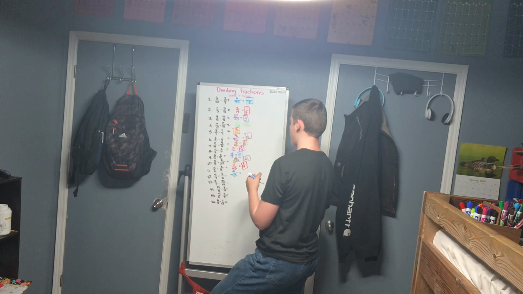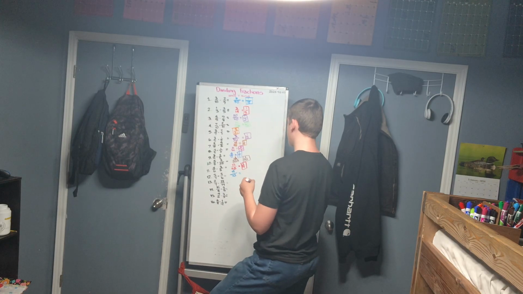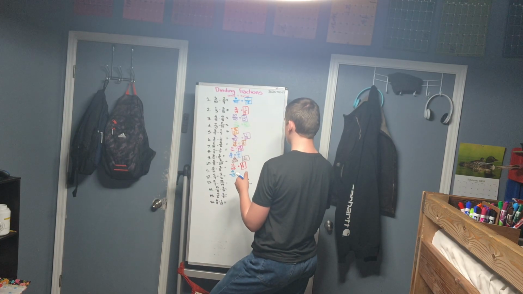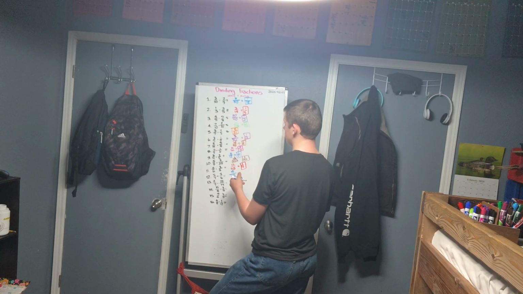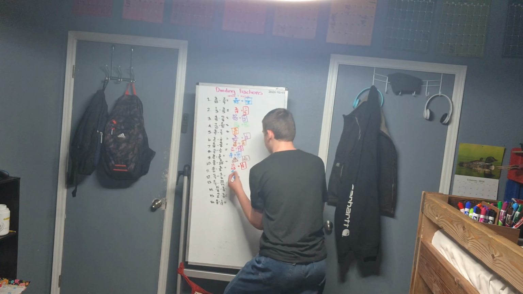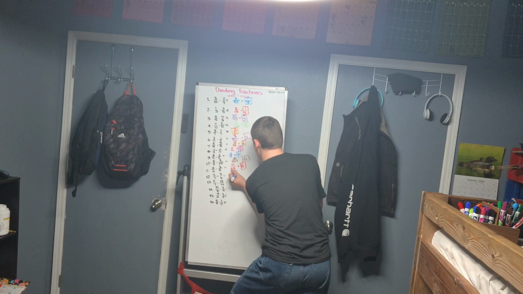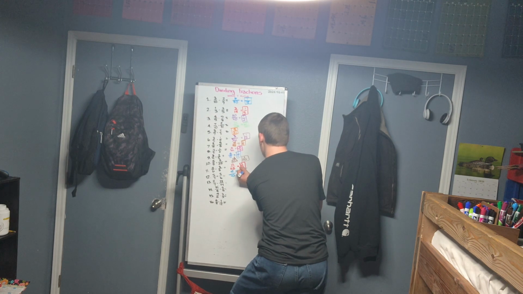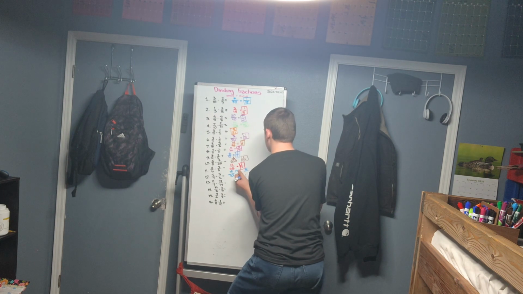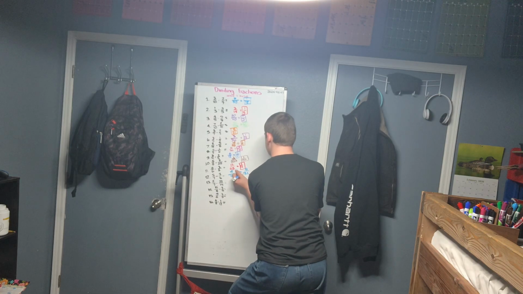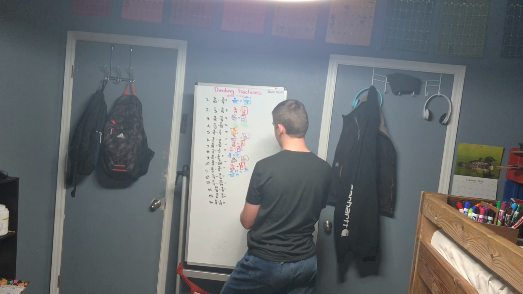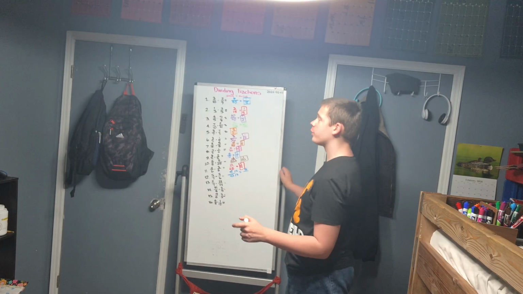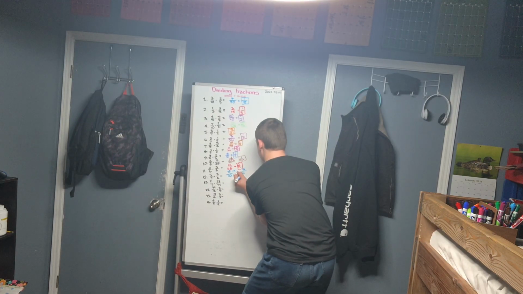We could simplify that, I think. Yeah. So, we're going to divide that by 3, which is equal to 5 over 21. 42 divided by 3 is 14. Okay. 14.